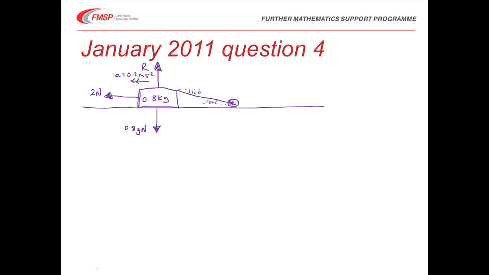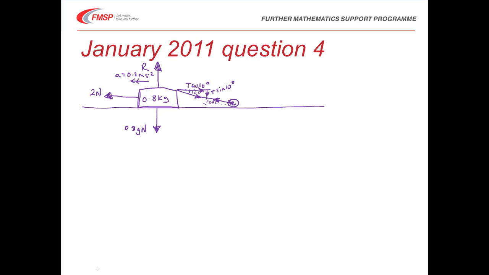We have a tension here equal and opposite to the tension here. So what are my horizontal components? Well, here I have a horizontal component, it's next to the angle, so it's T cos 10 degrees. And there's a vertical component, which is T sin 10 degrees.